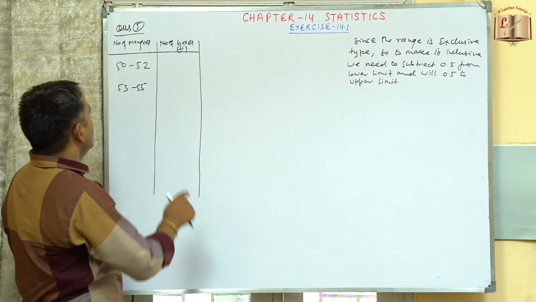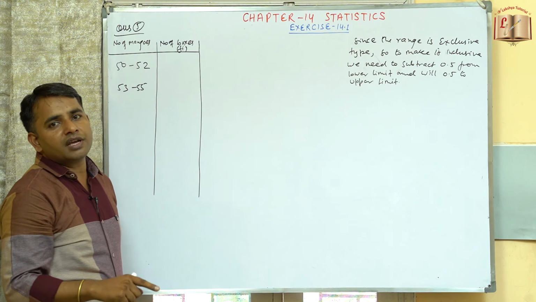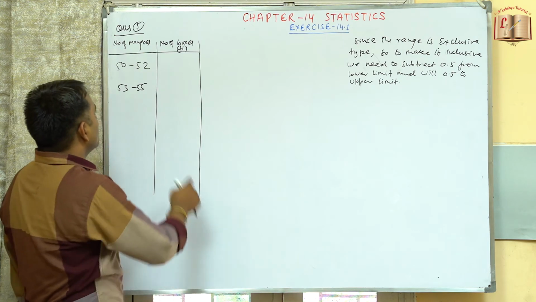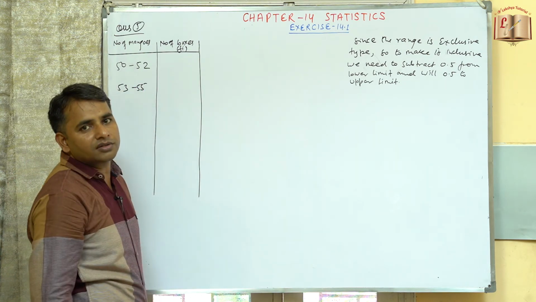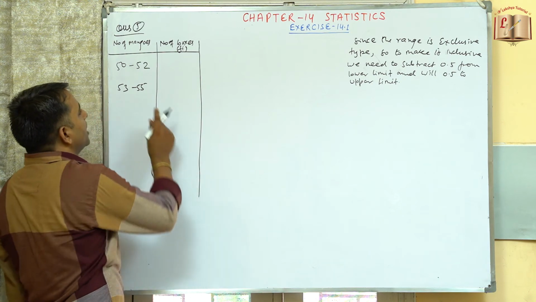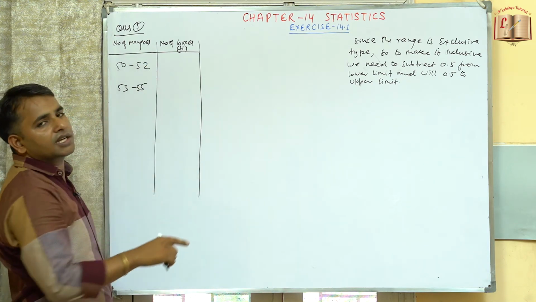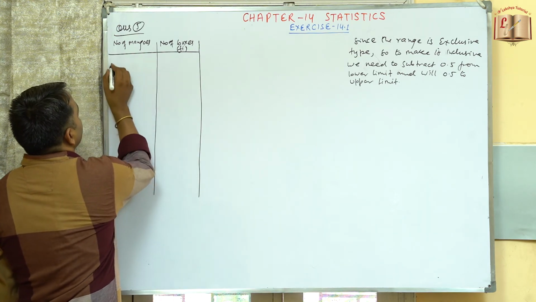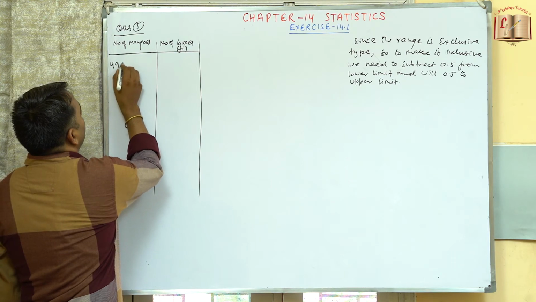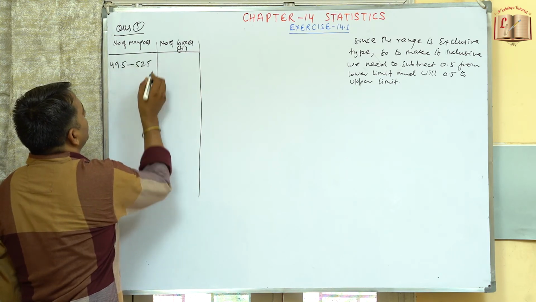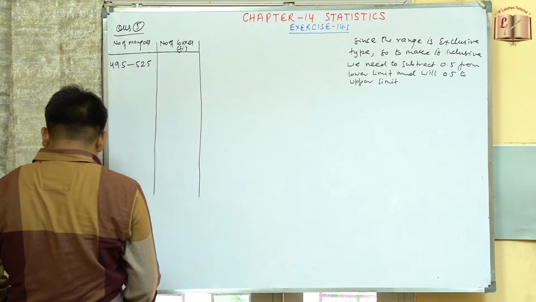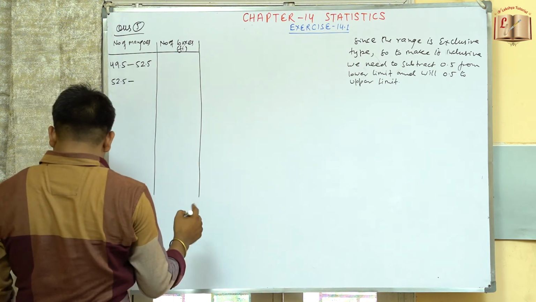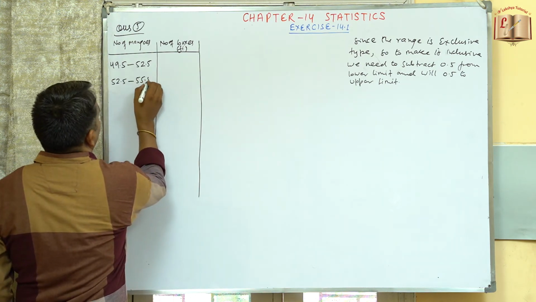To make it inclusive, we subtract 0.5 from the lower limit and add 0.5 to the upper limit. So if we subtract 0.5 from 50, we get 49.5, and if we add 0.5 to 52, this will be 52.5. So now we make it inclusive type. This will be 49.5 to 52.5, and the next one would be 52.5 to, at the interval of 3, 55.5.